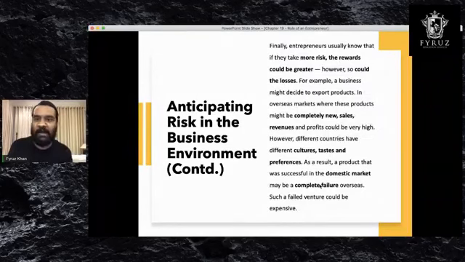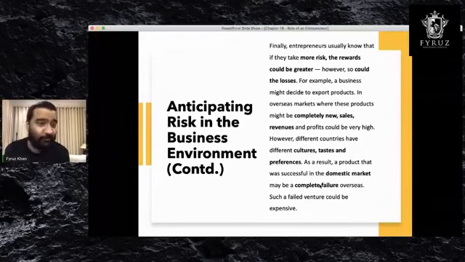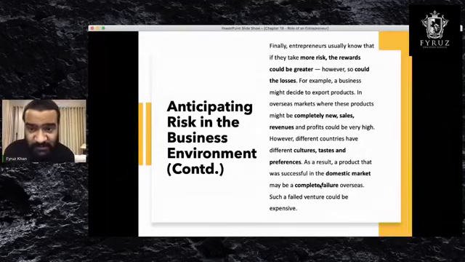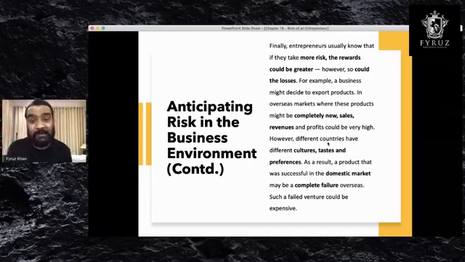And I've talked about this. The more risk you take, the rewards could be greater, but you can also have a lot of losses, right? So for example, let's say you want to enter a new market. Let's say you make phones for America, but now you want to enter Bangladesh, and you feel if you enter Bangladesh, you will be very successful.